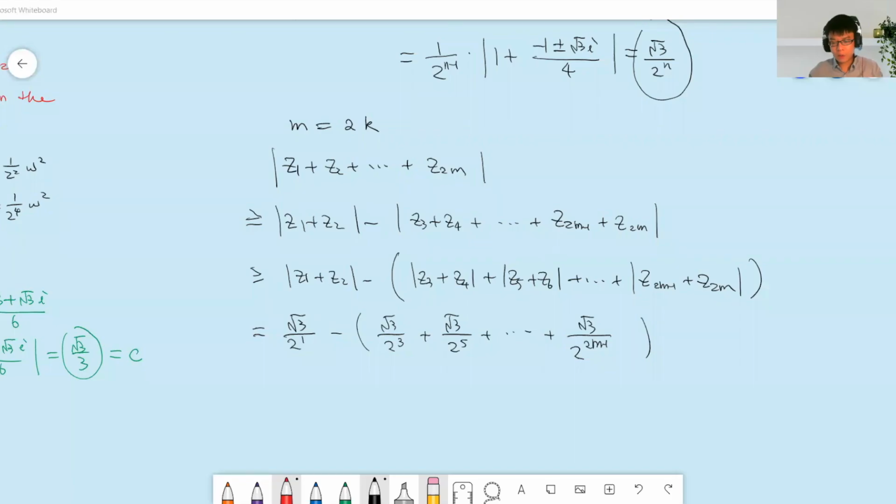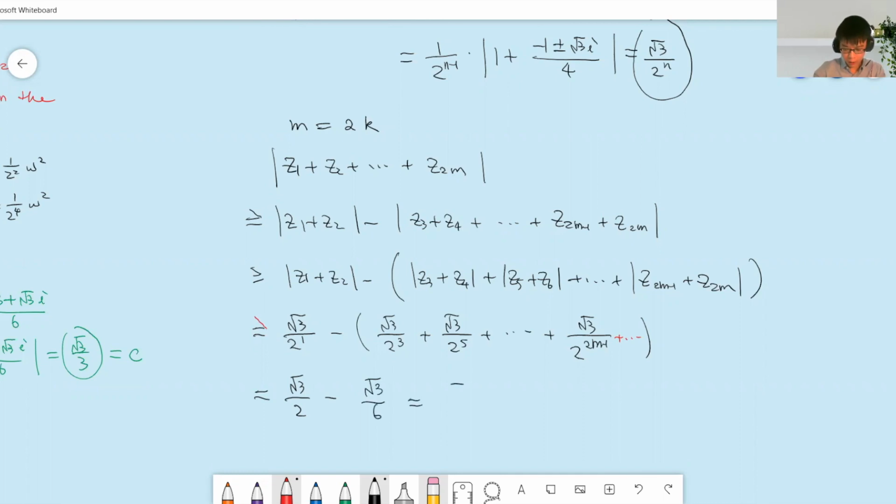So actually, I can try to subtract a little bit more. Suppose I like this sequence to have infinitely many terms. So I can keep doing this, and so this changes to larger or equal. That's still true. In this way, I will find this √3 over 2 minus √3 over, okay, this is going to be √3 over 6.